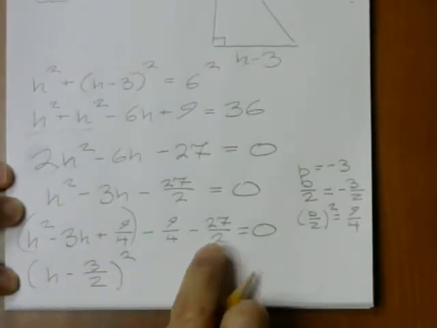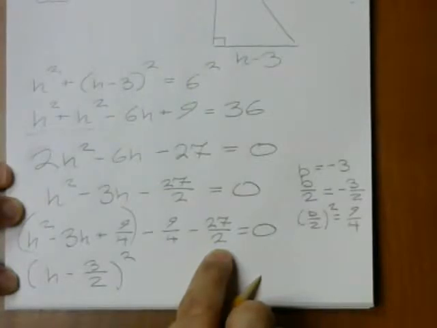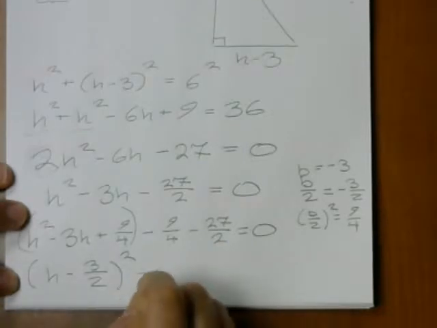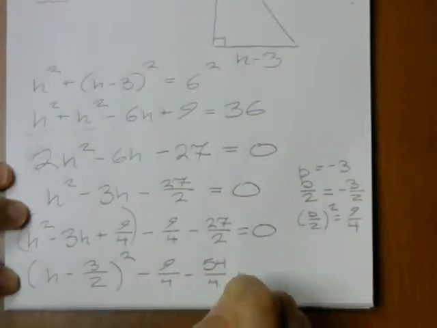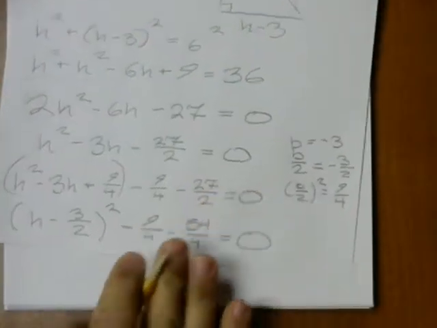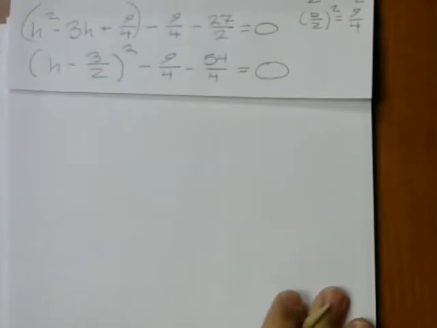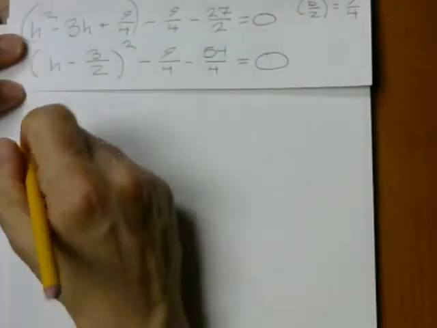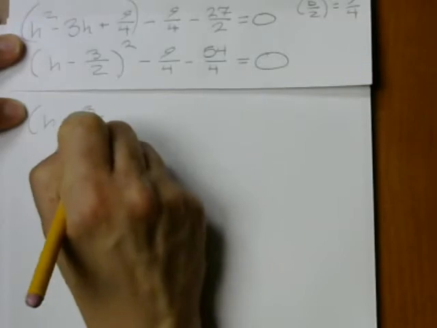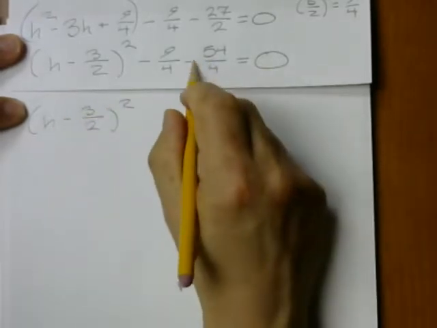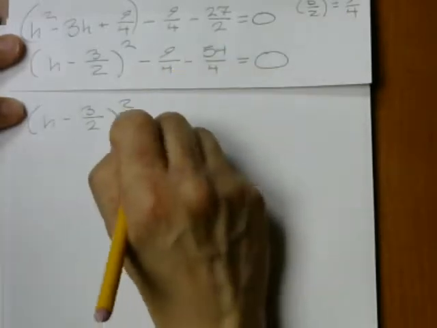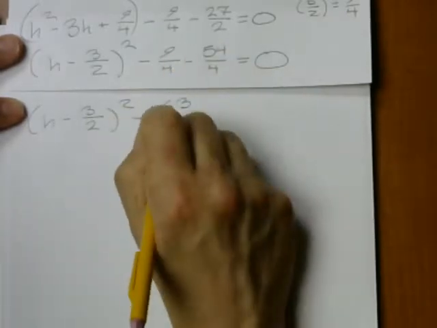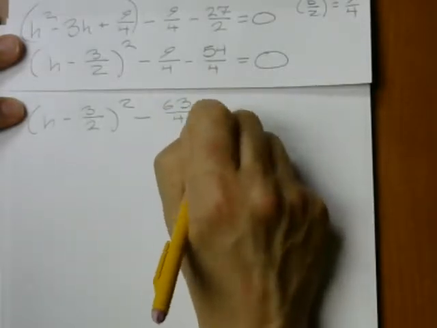So now I have this. I want to combine. Well, 27 over 2 happens to be what? That's 54 over 4. So what I'll do is I'll combine those two. So minus 54 minus 9, put them together, and I'm going to get minus 63 over 4.